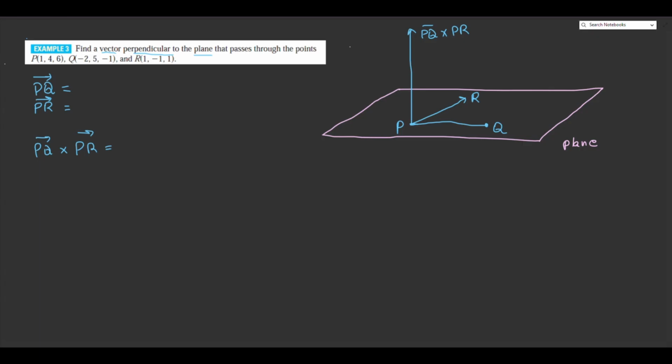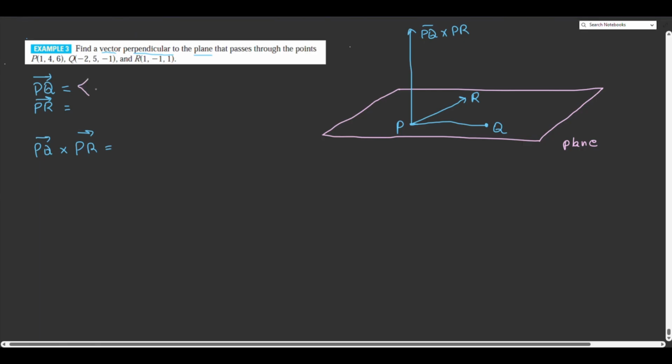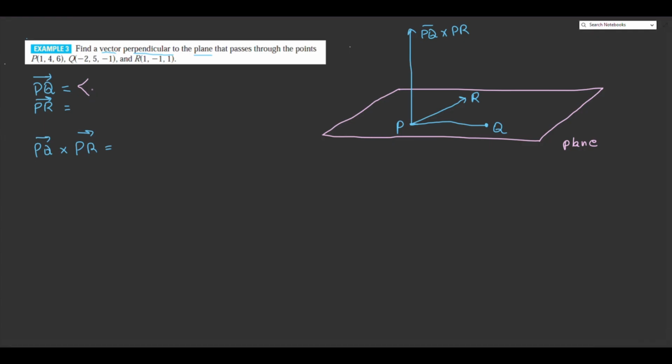So let's find the vector PQ. Remember from your previous knowledge, it is equal to x2 minus x1, or you can say Q minus P. So Q minus P: minus 2 minus 1 gives us minus 3, 5 minus 4 is 1, and minus 1 minus 6 is equal to minus 7. Then you need to find PR.